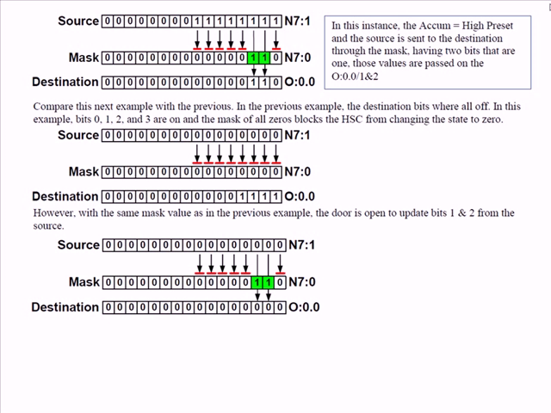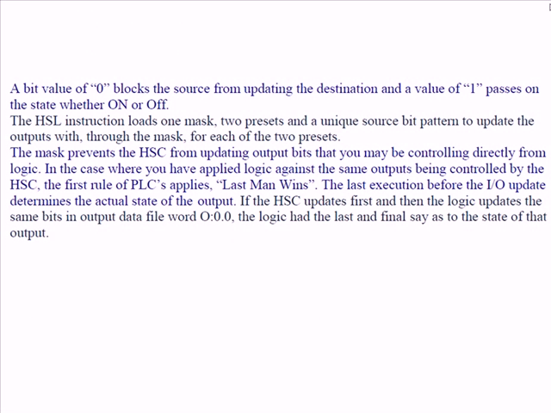So remember, you have a high and a low preset, and you have a separate bit pattern to control the first 8 bits of the lower byte, unique to the high preset and the low preset. A bit value of 0 blocks the source from updating the destination, and a value of 1 passes on the state, whether on or off, of the source.